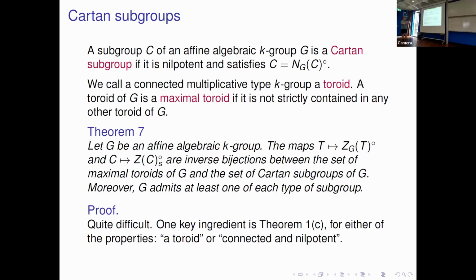Maximal tori and Cartan subgroups are used to rigidify. In the theory of restricted Lie algebras, there's an analog of this notion that behaves a bit worse. With smooth groups, there's pretty much one class, but with Lie algebras there can be multiple classes.